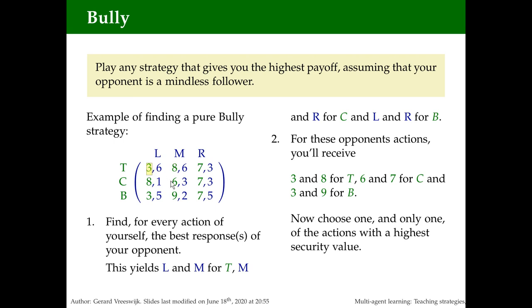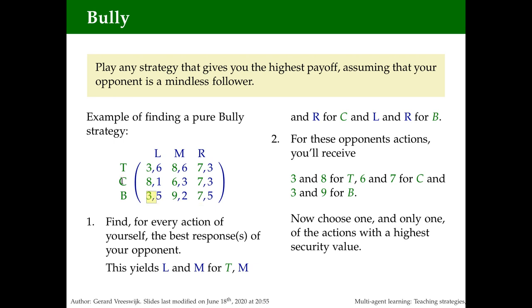Here the security value is 6 because we have to choose among 6 and 7. 6 is the minimum. And here we have to choose between 3 and 7. 3 is the minimum.